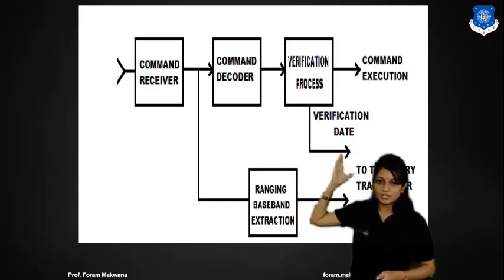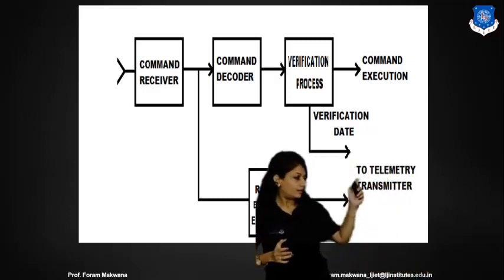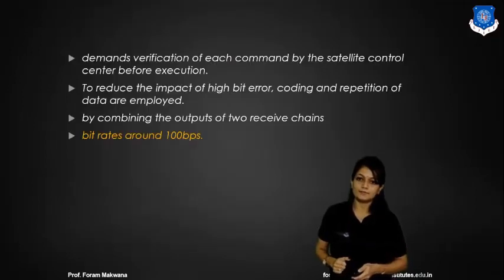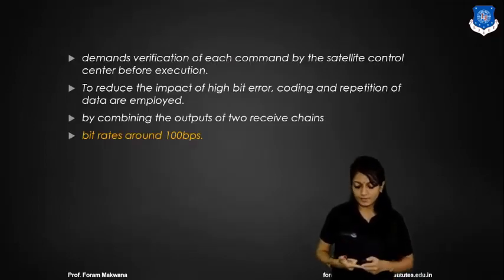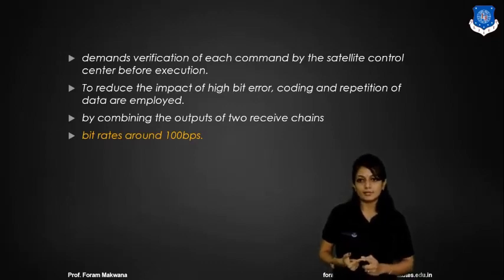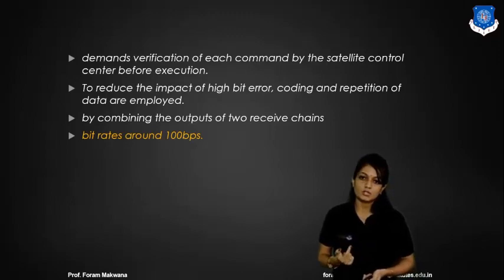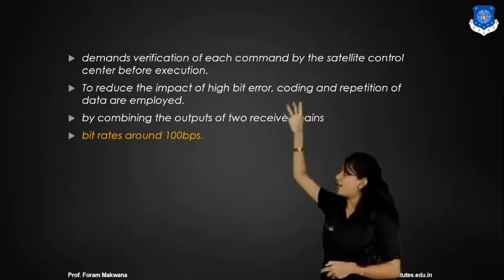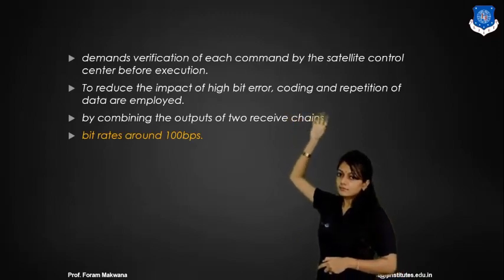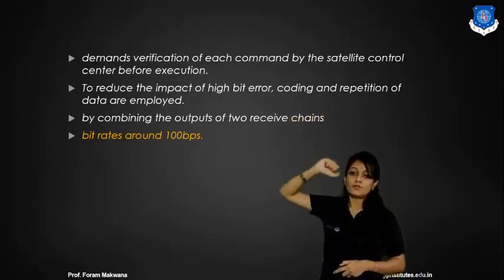The verification data is applied to the telemetry transmitter. Right? So the verification of each command by the satellite is sent to the control station before the execution. To reduce the effect of errors, coding and repetition of data are improved.